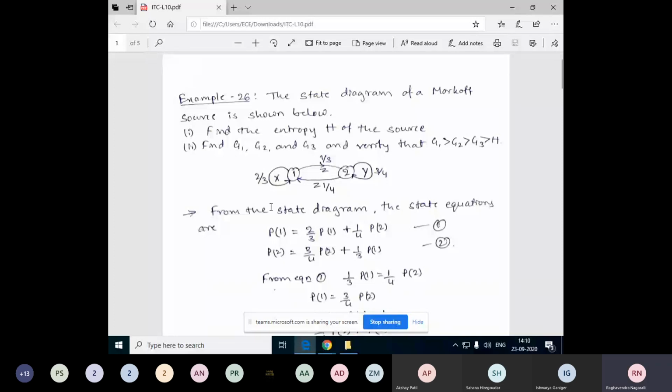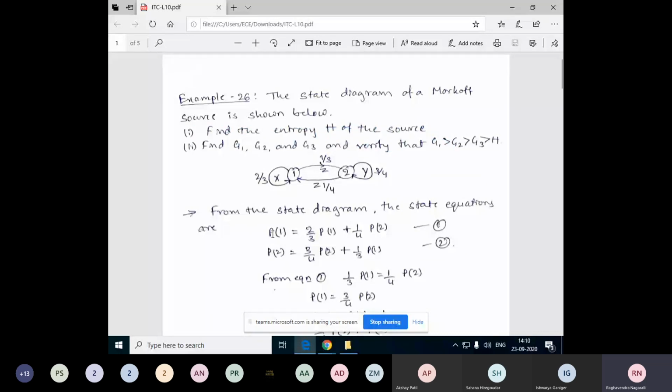In previous class, we were discussing the entropy equation for this Markov source. In that, we have one more thing, that is H of S bar, which is called an adjoint source. So today we will discuss all that also. So first let's see the solution for the first sub-portion.